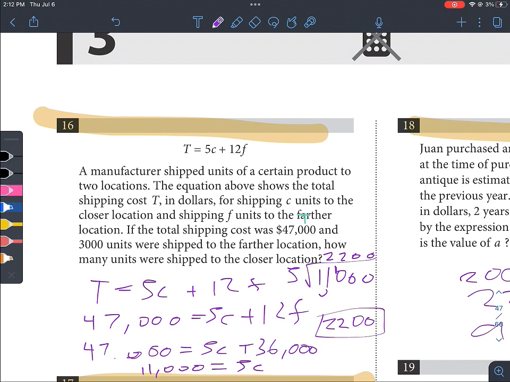Okay. 3,200 times 5, boom, plus 12 times 3,000, 11,000, plus, yep, that's correct. Yeah, so we did it.